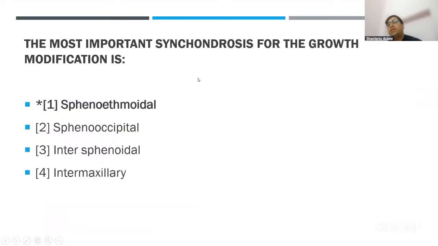Growth modification is done only in early ages. We are not utilizing growth modification at 15, 16 years of age. We are using myofunctional appliances, not utilizing anything related to the cranial vault. We are using the mandible and the condylar cartilage. So nothing to do with the synchondrosis in the myofunctional appliance. So the answer would be sphenoethmoidal.